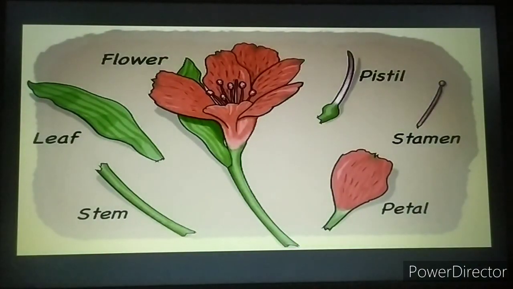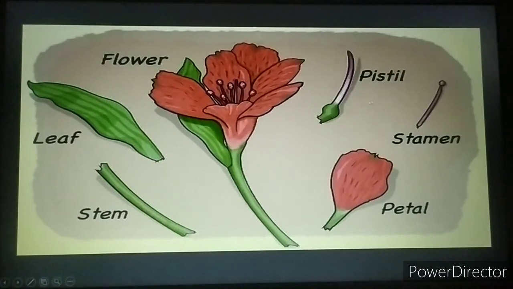So we have discussed the different parts of a flower. This is the complete flower. This is the pedicel which attaches the flower to the main shoot. This is the leaf. Then it has petals which are brightly colored.